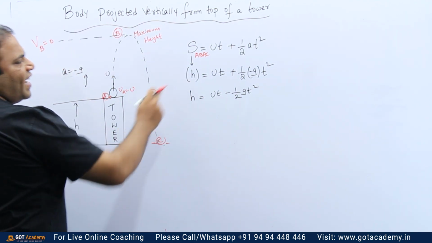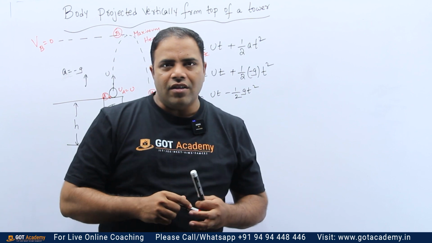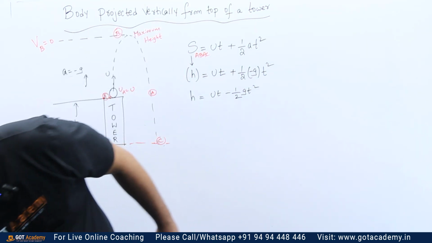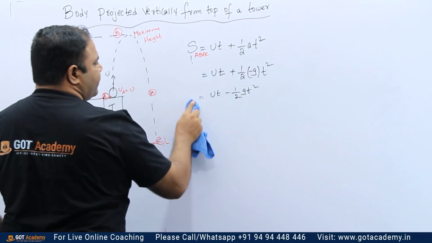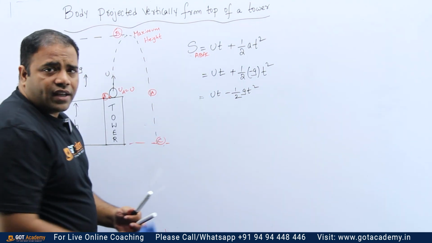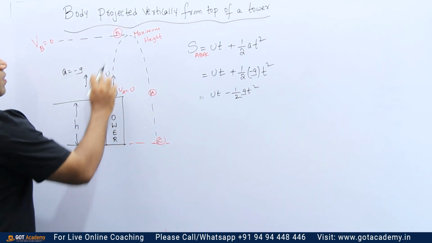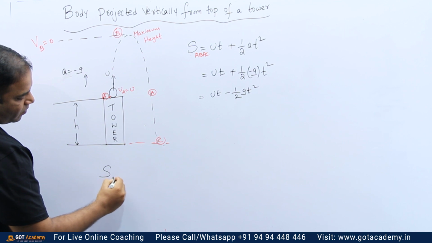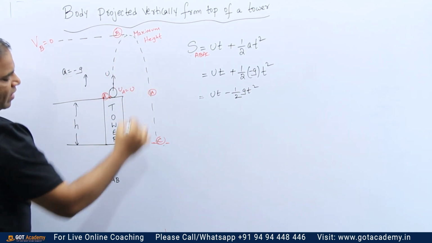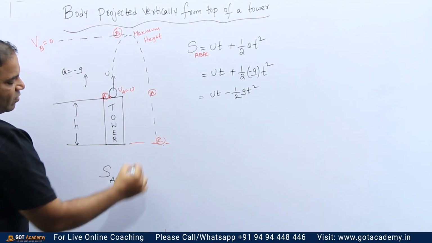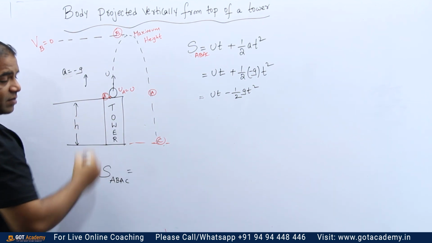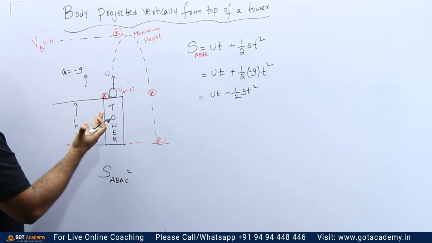In such a case, how could I take h? I should not take h, yes or no? So let me erase that. Then what do I have to take? The distance from A to B, and then B to A, and then A to C. Observe carefully. Here I am now not telling any kind of distance.